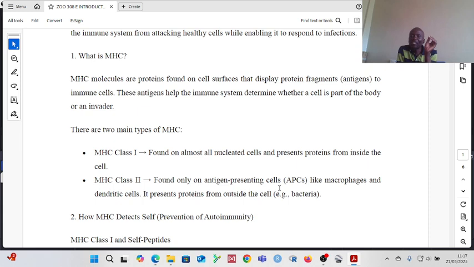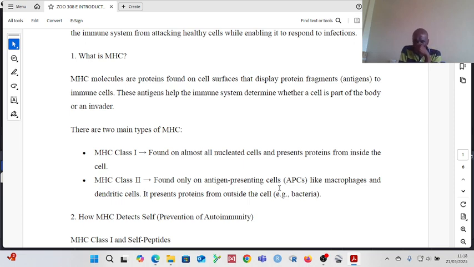But if it is recognized as a foreigner, as an invader, then the immune system has to be mobilized so that it can attack it, because it could be a disease-causing pathogen. The MHC comes in two main types, MHC class 1 and MHC class 2.